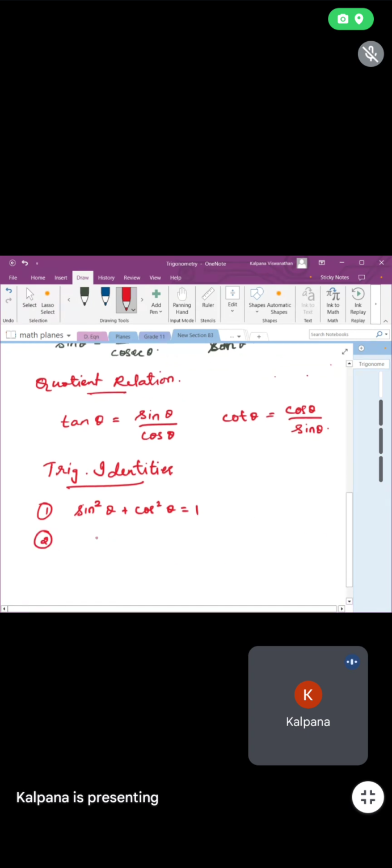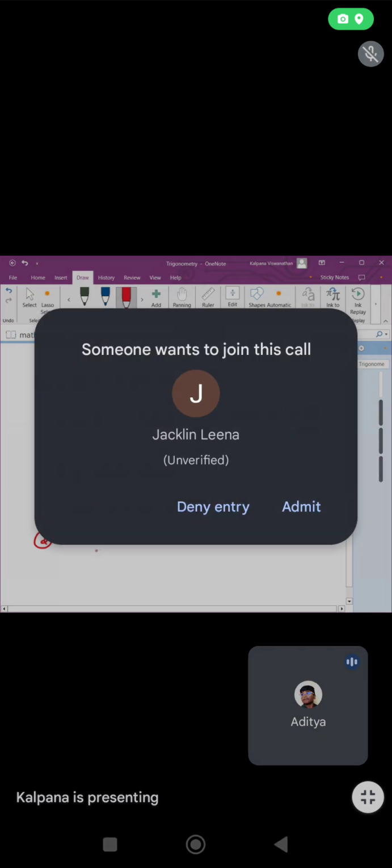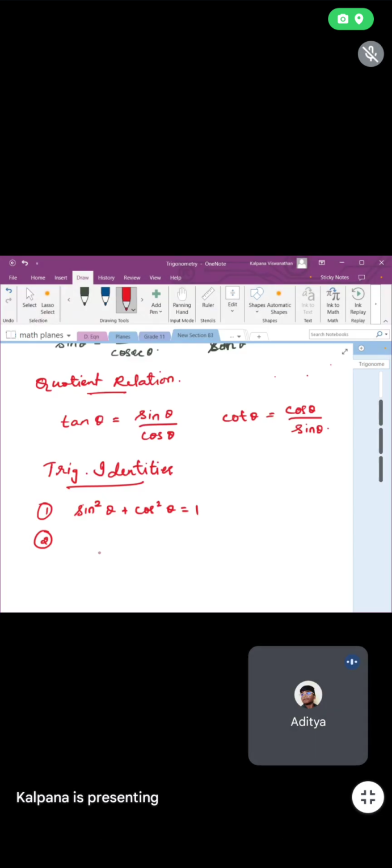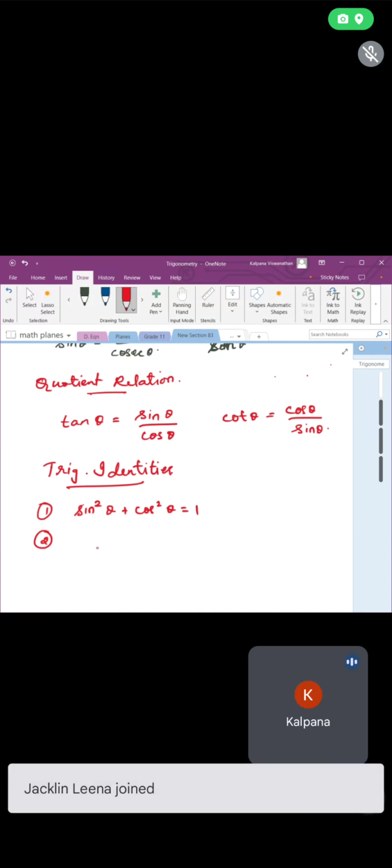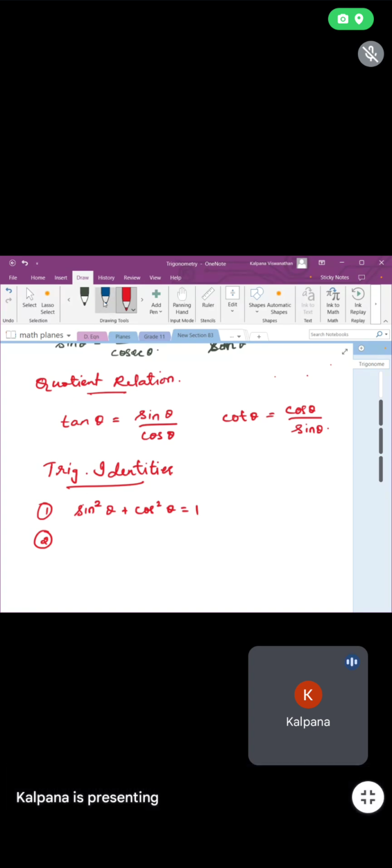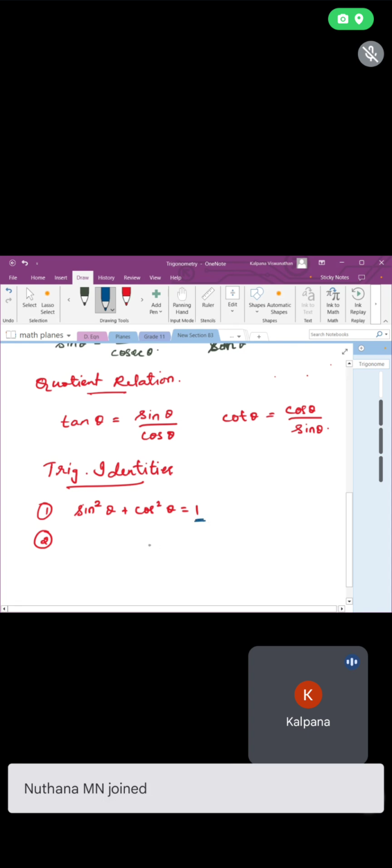Now the second: 1 plus tan square theta is equal to, okay, it's confusing, right? 1 plus tan or 1 plus secant. What we'll do is see which gives us the answer 1.